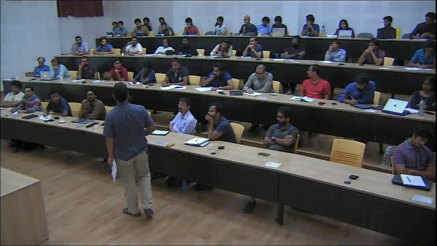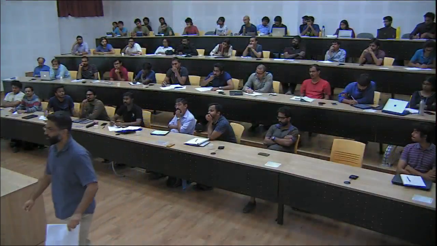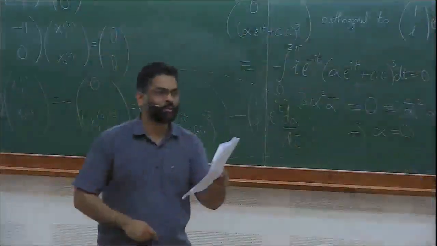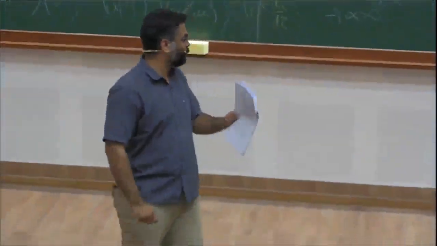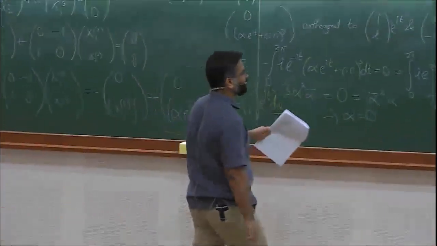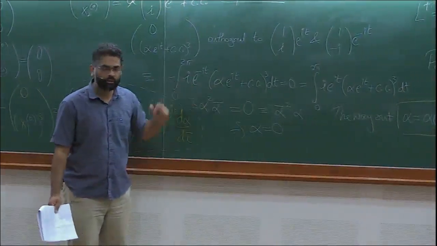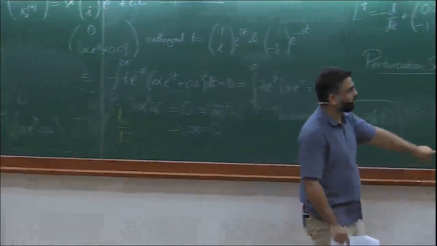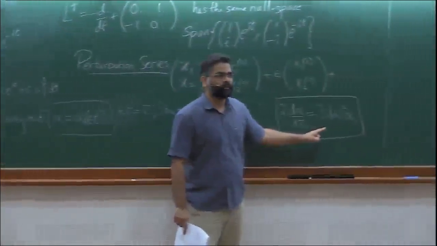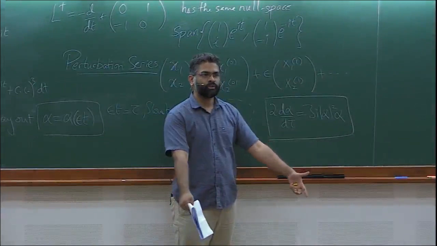Very good question. Very, very good question. I wanted to sort of sneak that in and then bring up that point. So it's an absolutely good question. Previously, when alpha is a constant, I can just do the integral over 0 to 2 pi. How can I get this if I'm doing an integral over the new period?